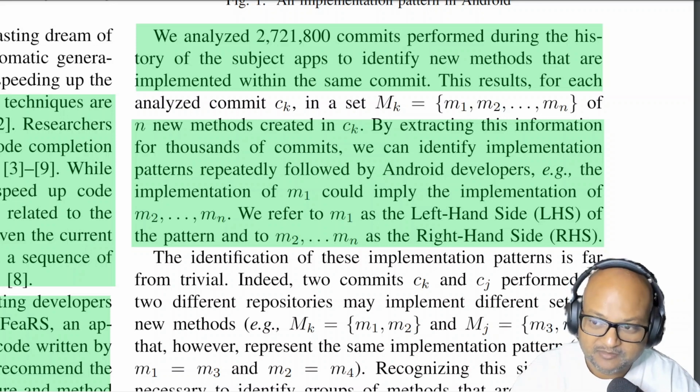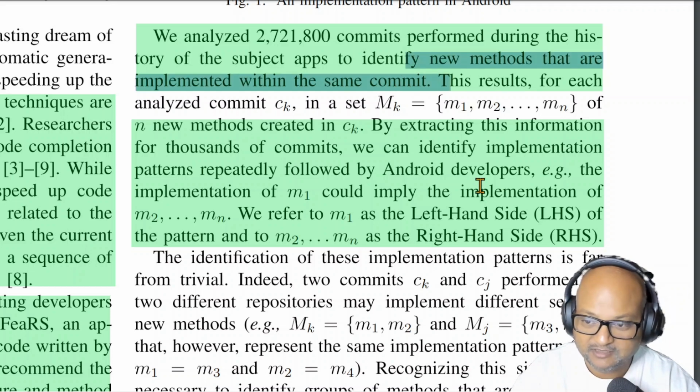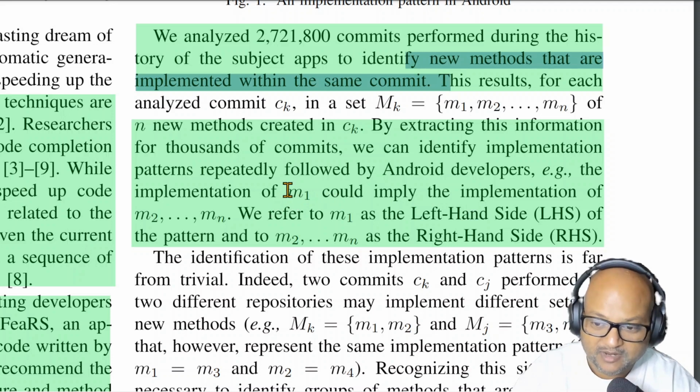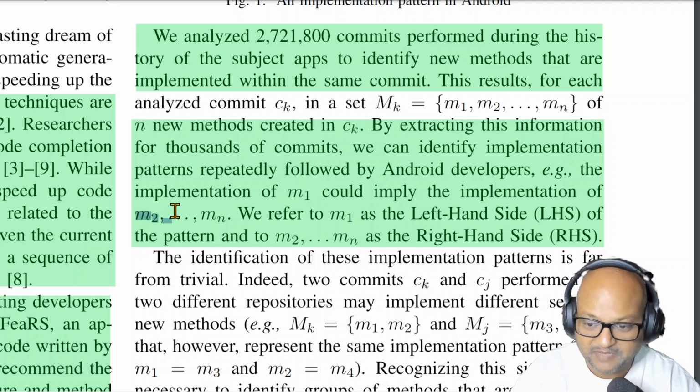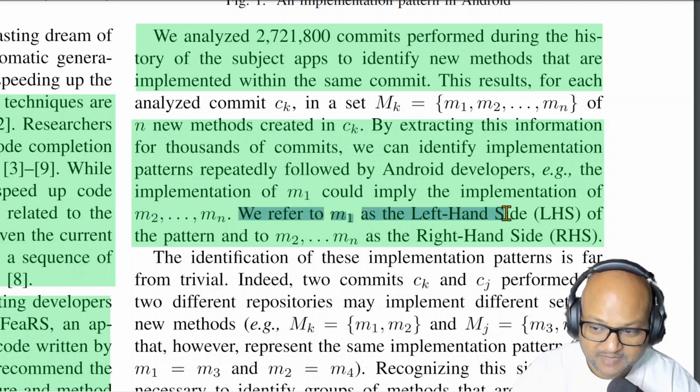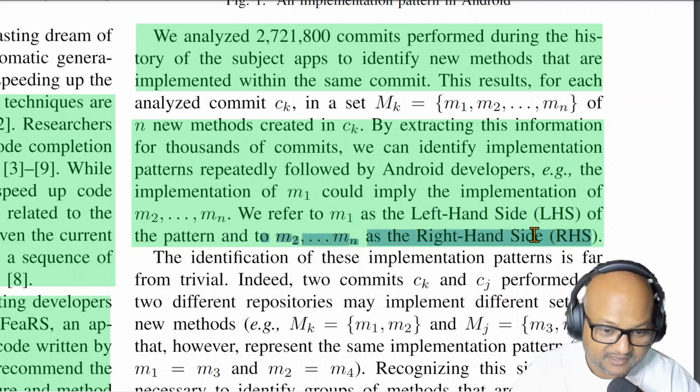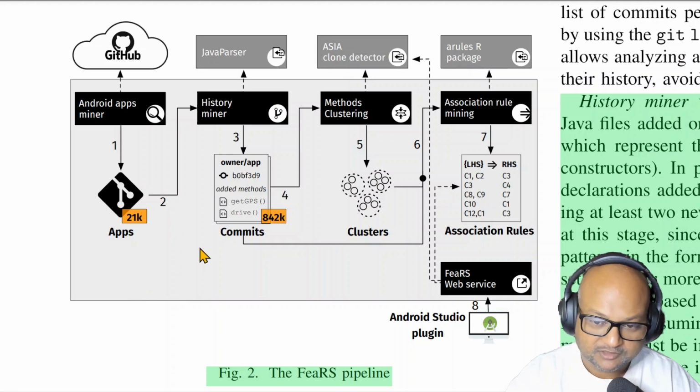So they look at commits to identify new methods that are usually implemented together. They want to build a model out of that, where if we see one method, we can then say that it is likely to be followed by the implementation of another method. They call the first method, the one you've already seen, the left-hand side, and the next method, the one you're predicting, the right-hand side.